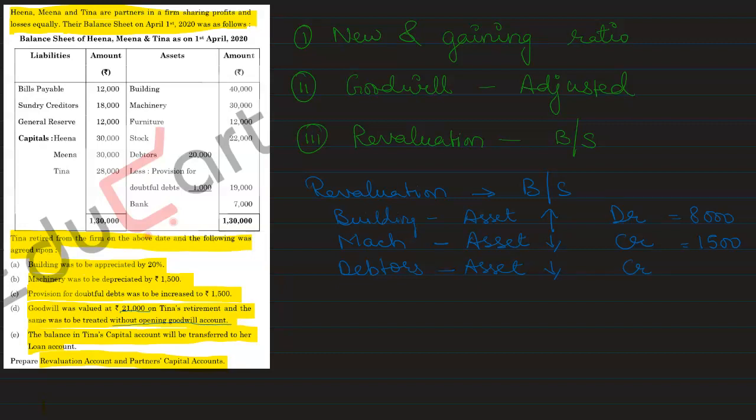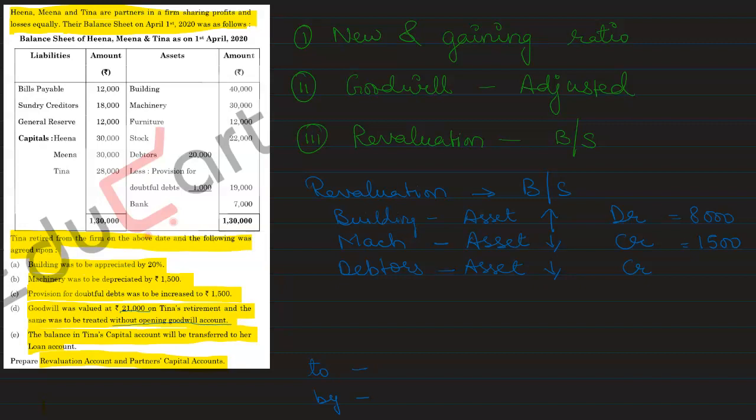And it is said that it is increased to rupees 1,500. So you need to understand the difference between "to" and "by". "By" means it is being reduced by that amount, so that amount will be debited or credited. "To" means up to that amount, उस amount तक.